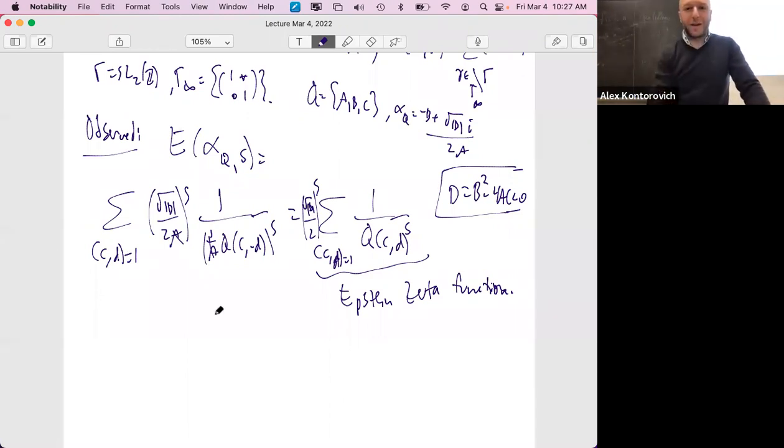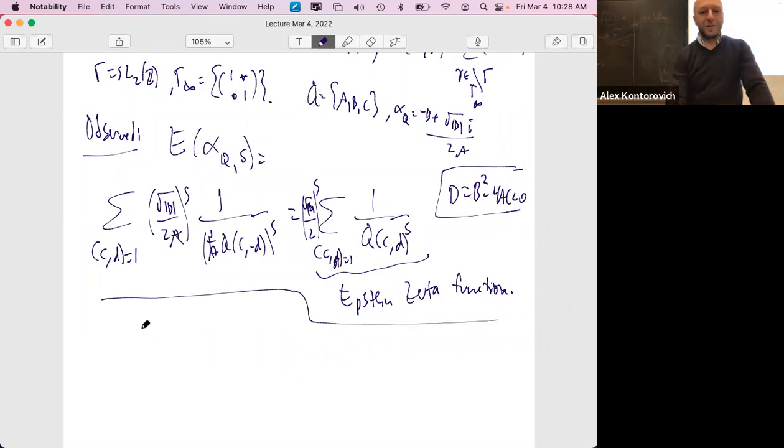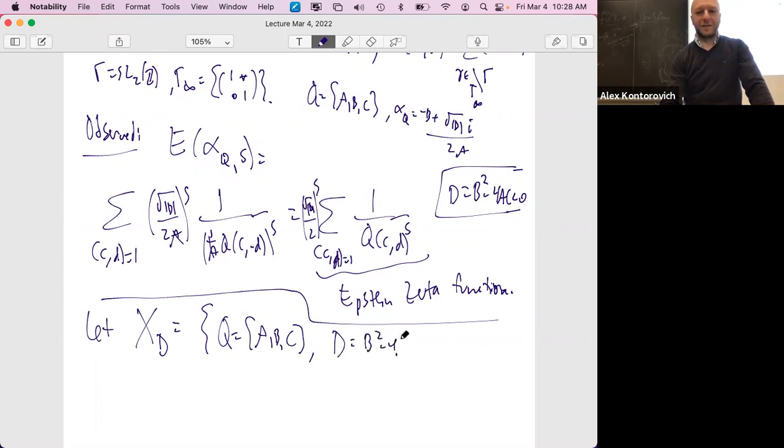Oh, and then we did one more thing. We're working our way towards the class number. Okay, so now let's really get there. Let X sub D be the set of all quadratic forms A, B, C with discriminant D, where D is fixed and A, B, C are coprime.